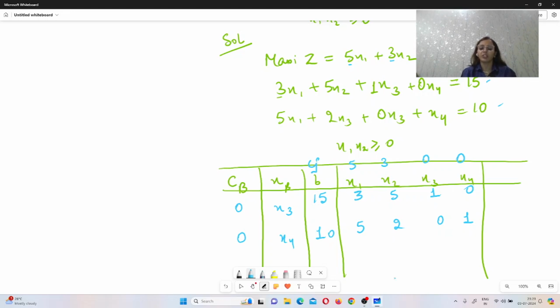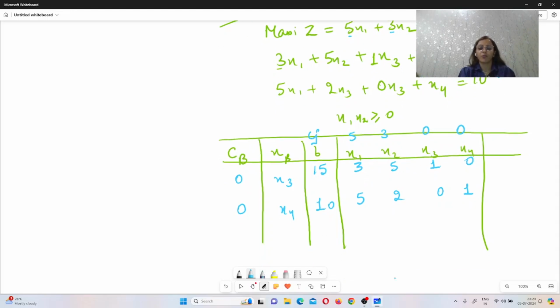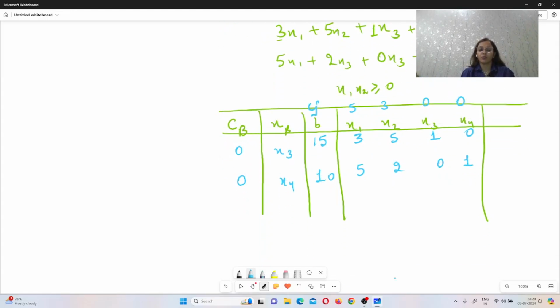Now putting all these values properly, the first step we have to find in this scenario is what we write as Zj. How do we calculate this Zj? The Zj value is calculated with the help of a basic formula: this value multiplied by this plus this value multiplied by this. I'm writing over here 0 multiplied by 3 plus 0 multiplied by 5.